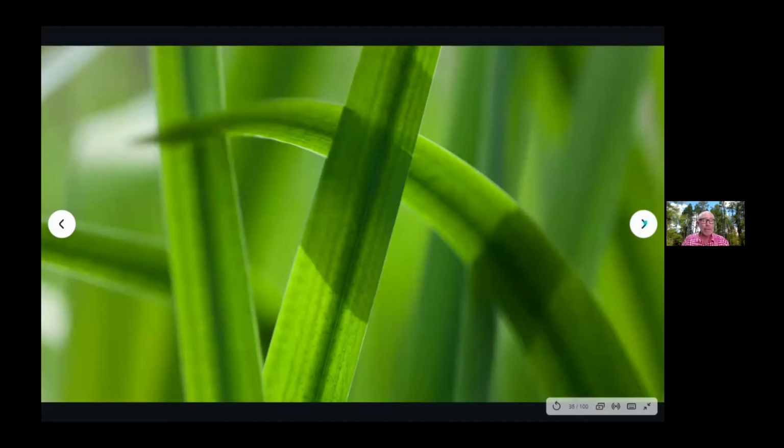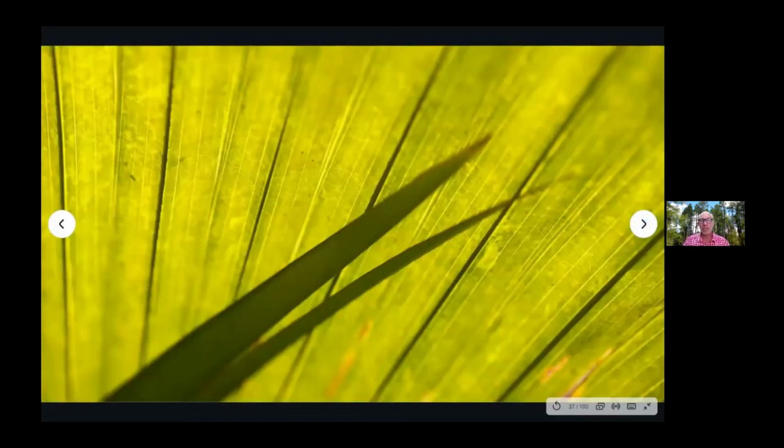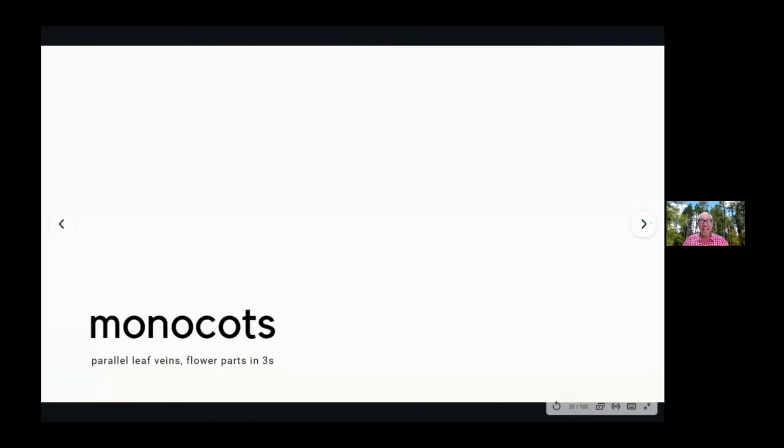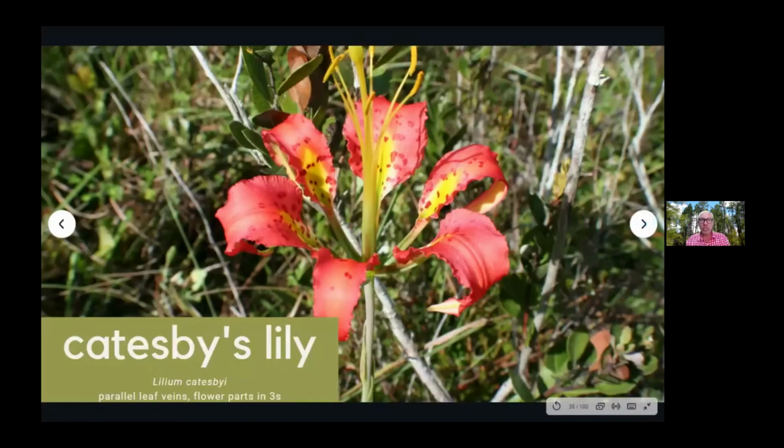Grass is a monocot. Grass is a flowering plant with parallel leaf veins, a blade of grass. Palms, we mentioned before, a flowering plant with those parallel leaf veins. And yes, flower parts in threes. So monocots, one of our major divisions of the flowering plants.